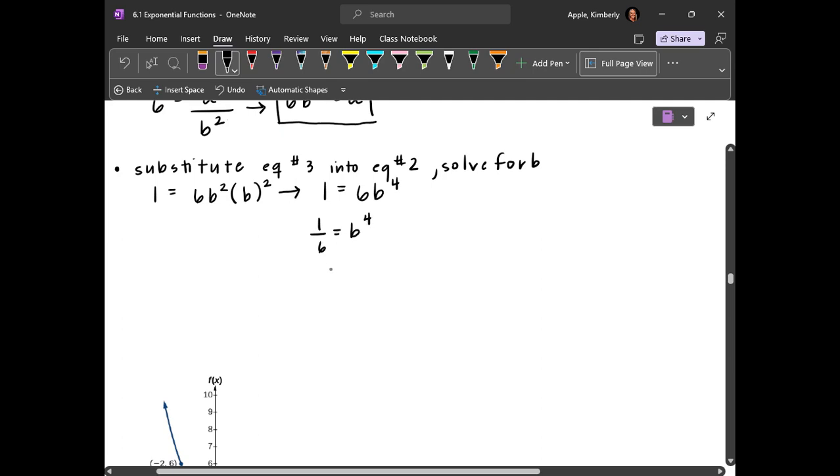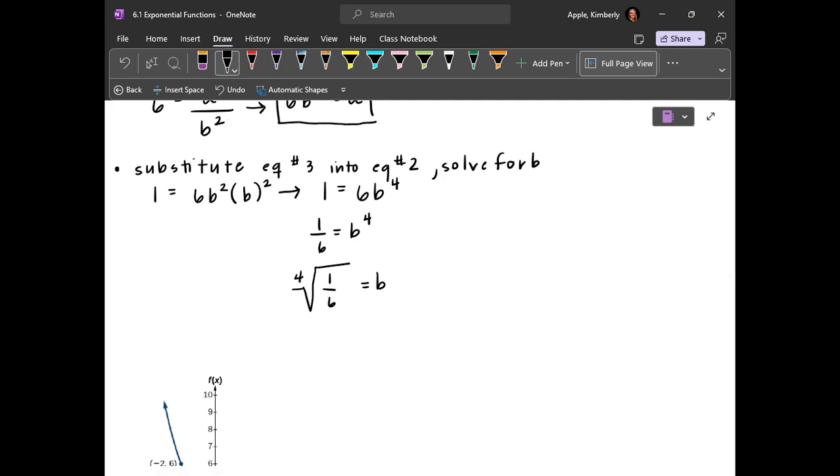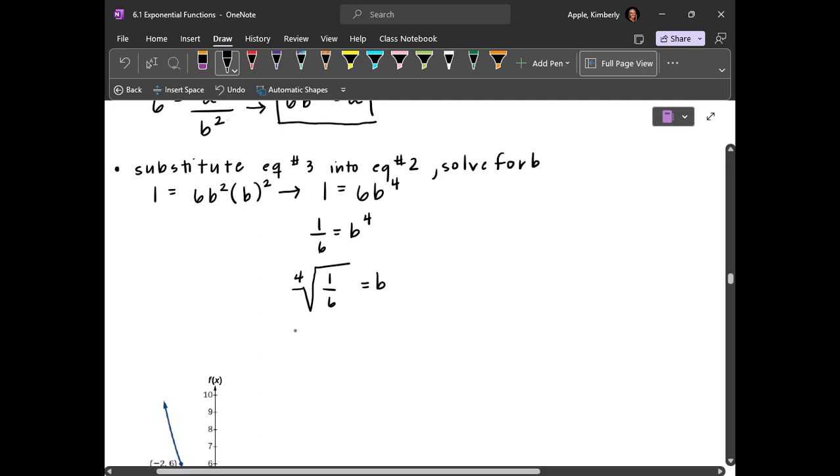And in order to solve for b, I will need to take the fourth root of 1 over 6. And that process in your calculator is exactly like it was before. And you'll obtain to the nearest 4 decimal places that b is approximately 0.6389.